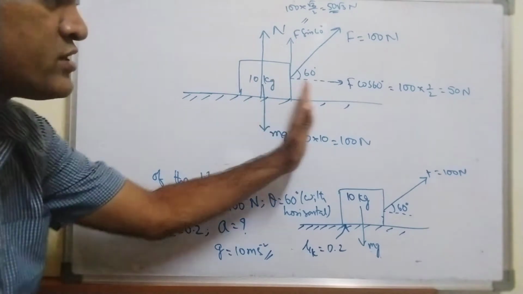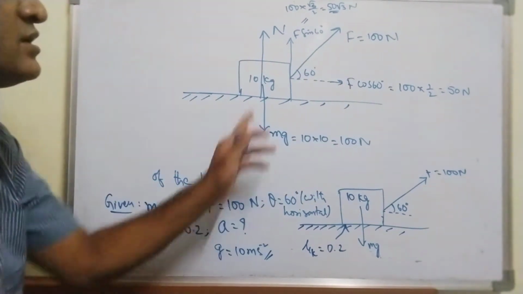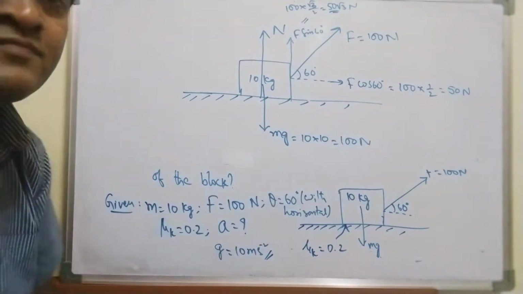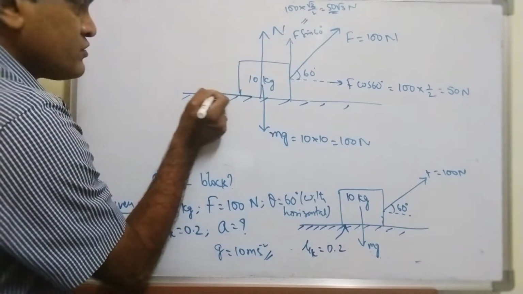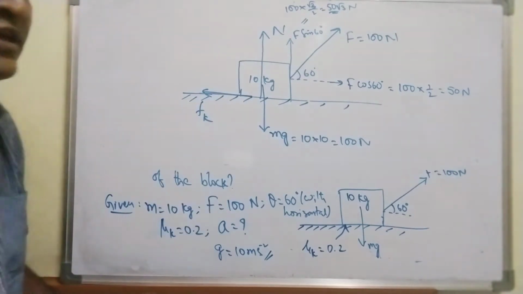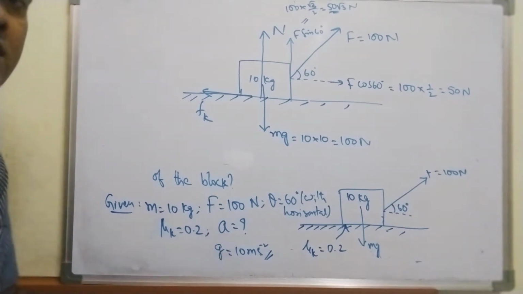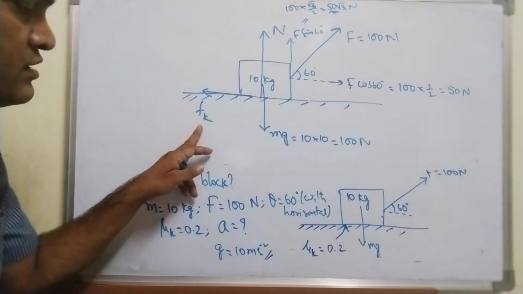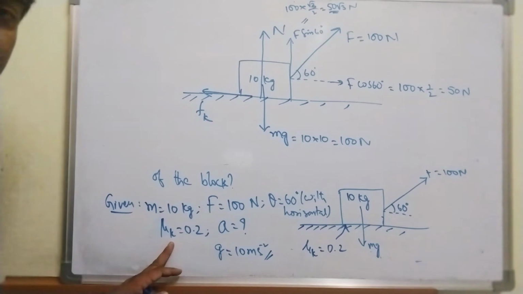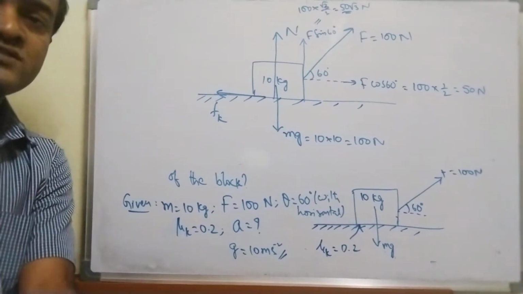There is only horizontal motion on the block, so when the block is moving towards the right side, the frictional force will be acting towards the left side. This is Fk, because the block is in motion. Because we want acceleration, Fk will come into picture since mu k is given, which means the block is in motion.